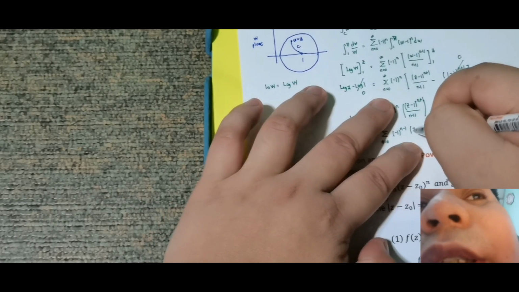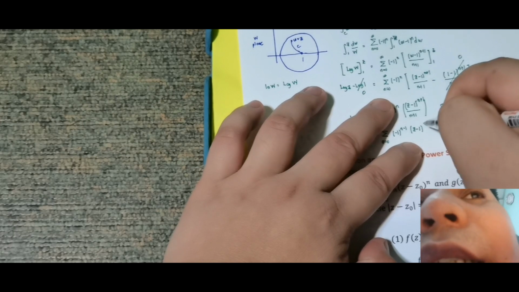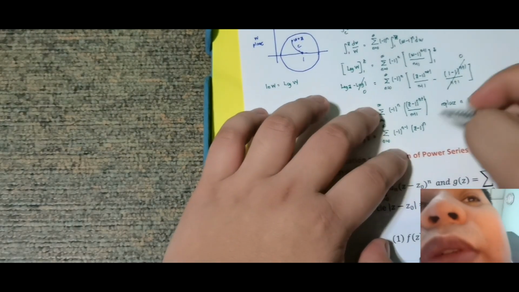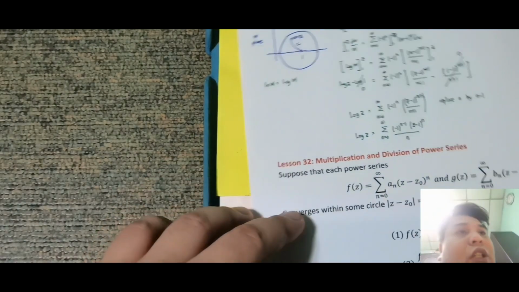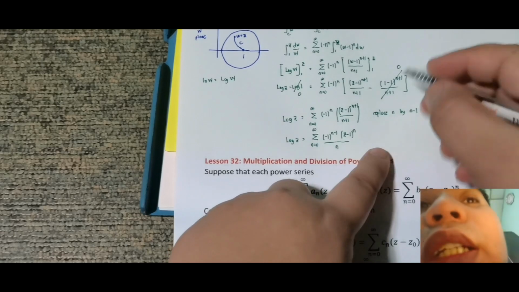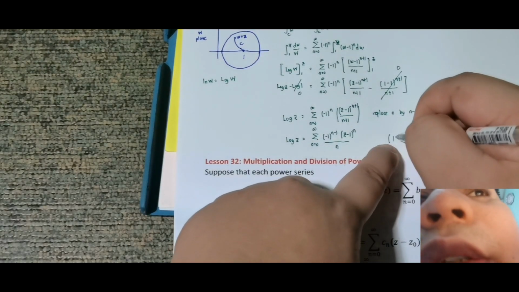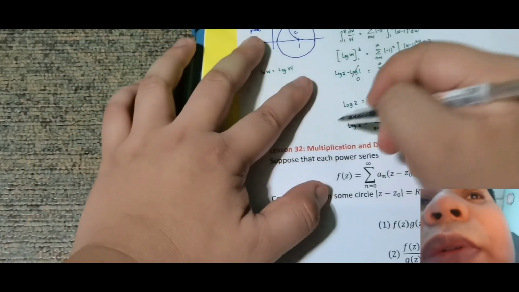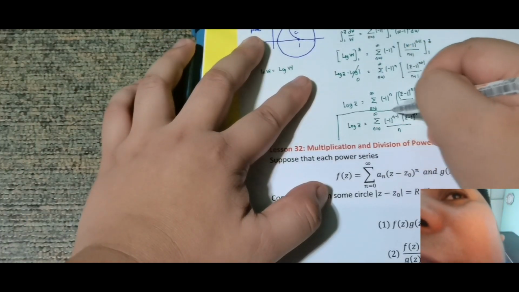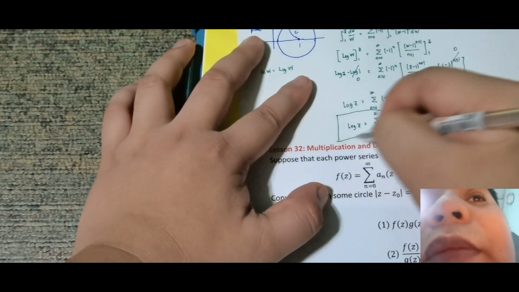Then z minus 1 raised to n na lang kasi n minus 1 yun, all over n. Okay, in which ito na siya. At napansin nyo, iba na yung kanyang circle of convergence. Yung circle of convergence na siya is yung modulus ng z minus 1 less than sa 1 siya. So therefore, ito yung ating sagot. At nakuha natin yung pinapa-obtain.